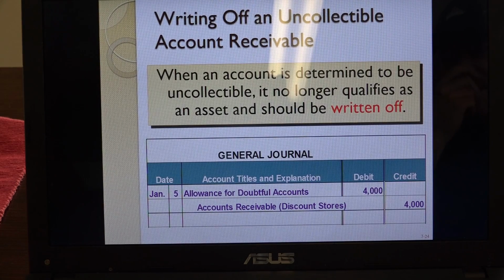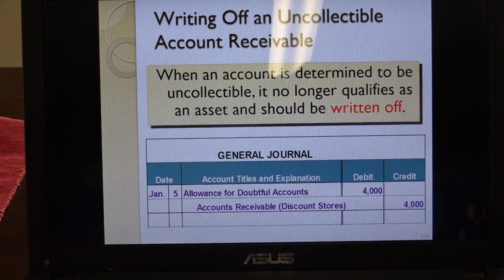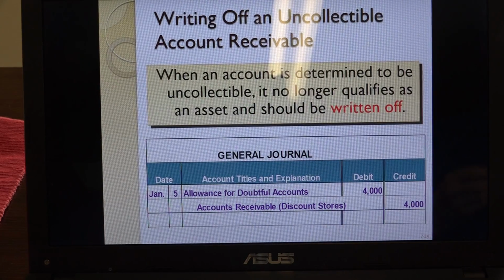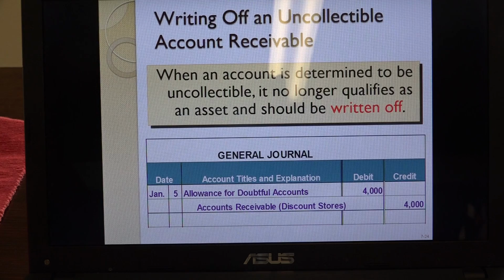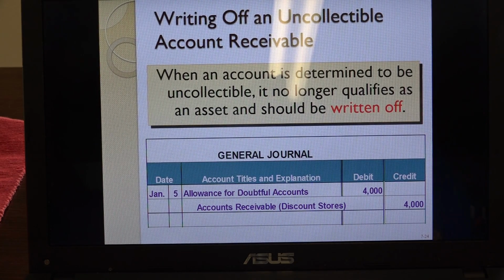But the point here is you are going to have particular customers not pay. So this is what happens when you determine a particular account is uncollectible. It's going to be written off your books. And so you've already expensed this, in this case, in the previous period. So the expense already occurred in the prior year.